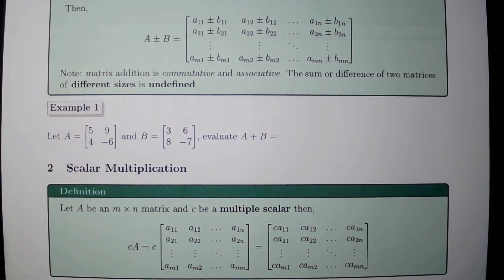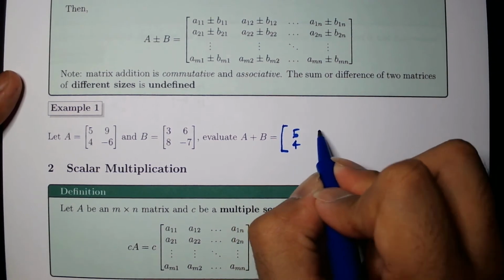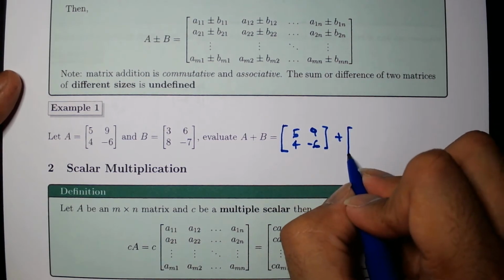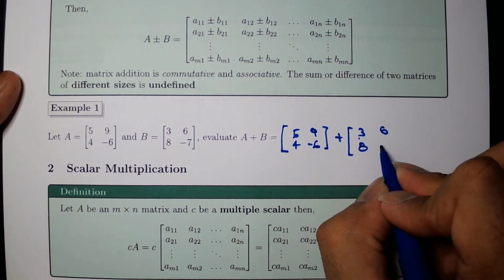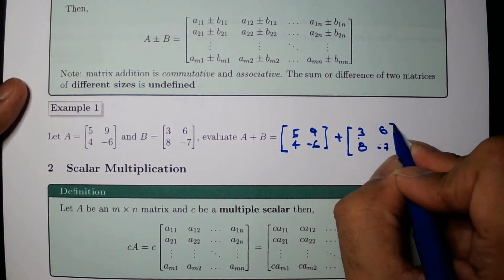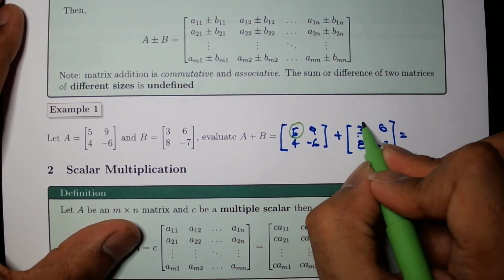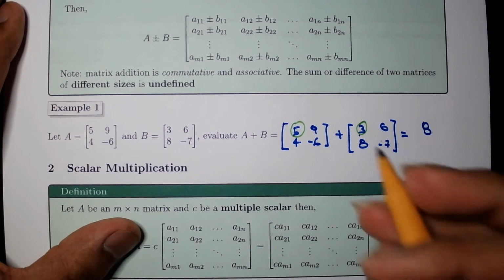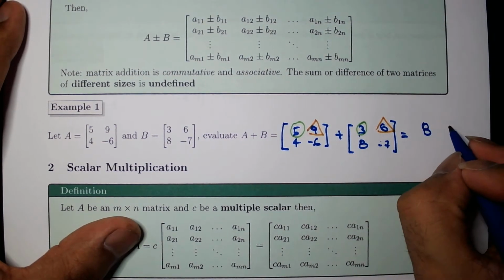So let's do one simple example to see how this works. A plus B, that's 5, 4, 9, minus 6, plus B, that's 3, 8, 6, minus 7. All we do is simply add 5 plus 3, which equals 8. Then 9 plus 6, which equals 15.